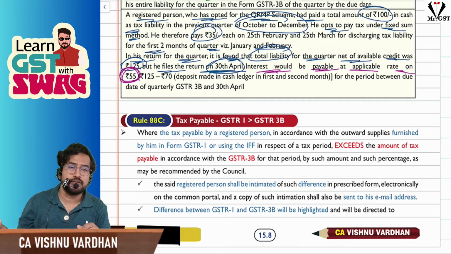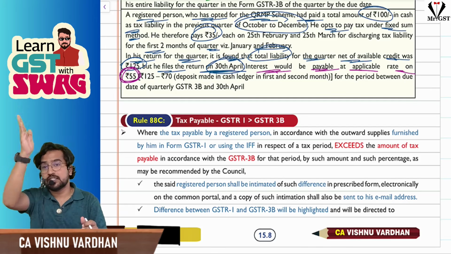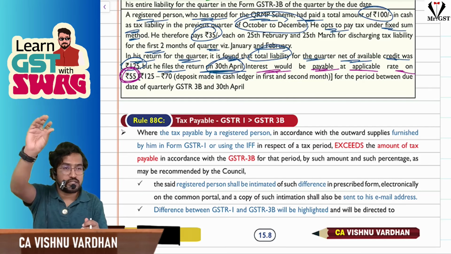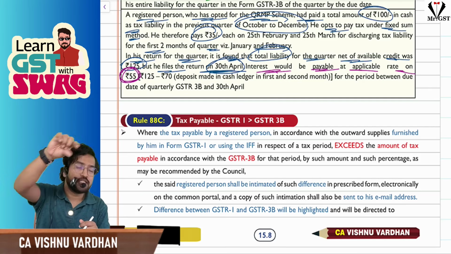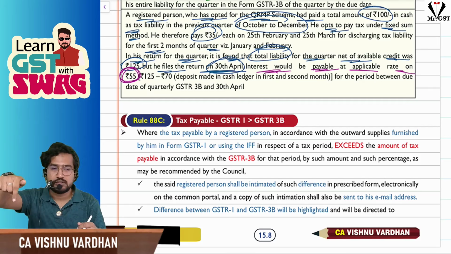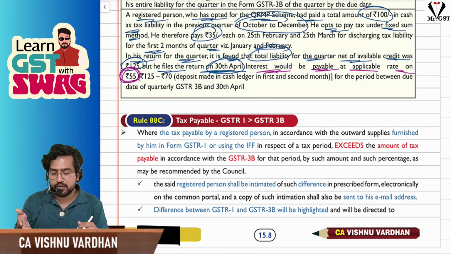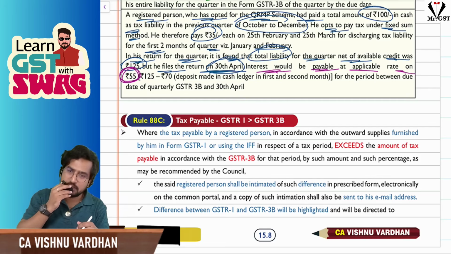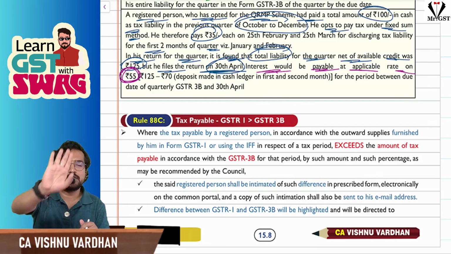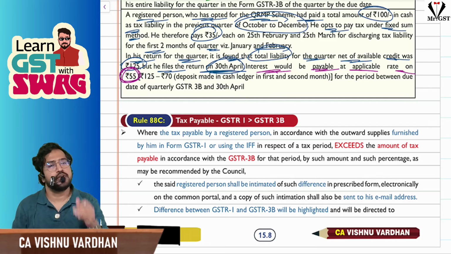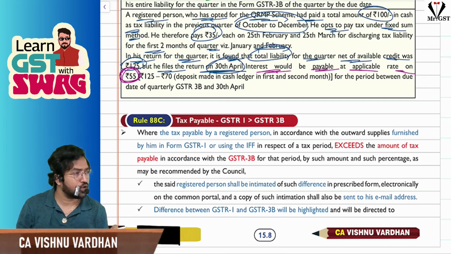How much should you pay? This is just like section 50 subsection 1. Gross liability minus ITC minus cash ledger balance. So 125 is your total liability, in that already cash ledger balance is 70 rupees. So 55 rupees you should have deposited. When? Either 22nd or 24th of April.